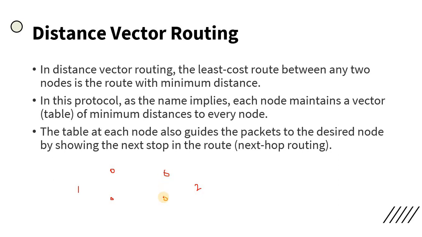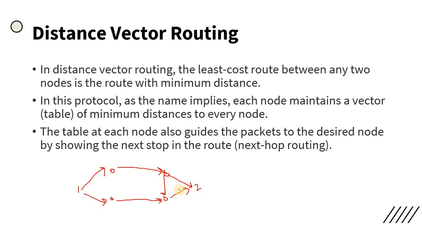So there are 4 routers in this network. If this host wants to send a message to the second host, the route can be like this, this is a second path, and the third path can be this. These are the multiple routes available if we want to send a packet on the network.